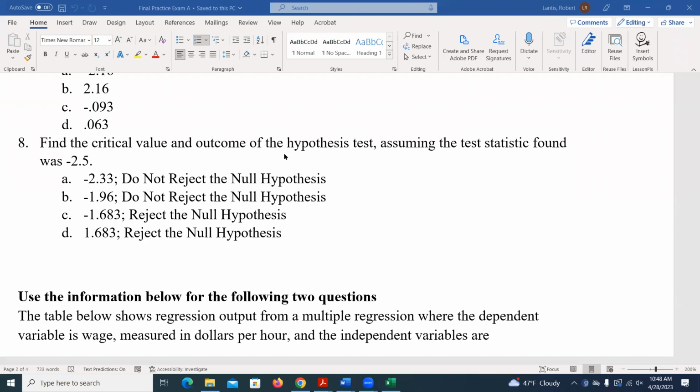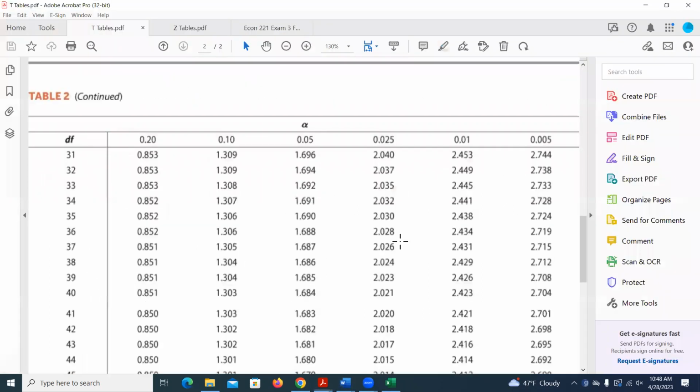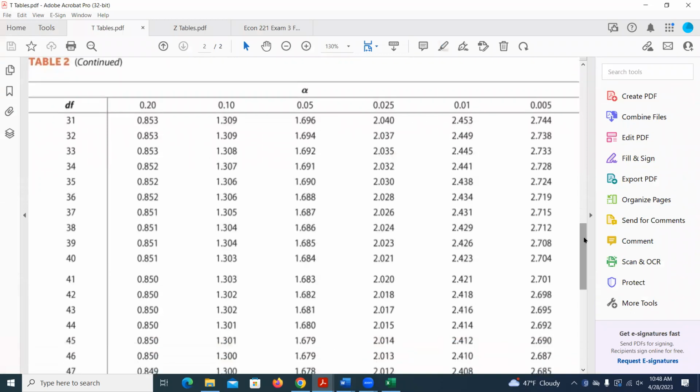So left-tailed test, what's the level I wanted? Oh, alpha is 0.05. So I've got a student t distribution, where I know that I've got degrees of freedom of 41. I want 0.05 in my tail. This is just a left-tailed test.